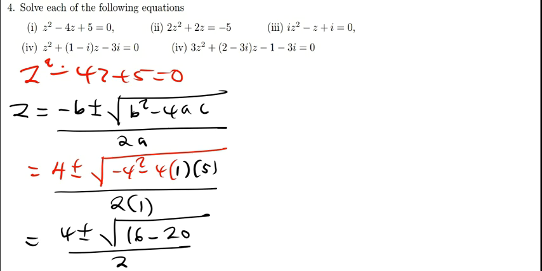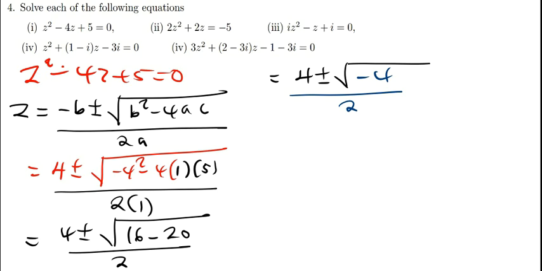So I'll continue from this side here. This will be equal to 4 plus or minus the square root of 16 minus 20, which is negative 4, divided by 2. When I'm talking about a normal quadratic equation, the square root of negative 4 is undefined. But this is under complex numbers where we have the imaginary, we're just imagining in this case.